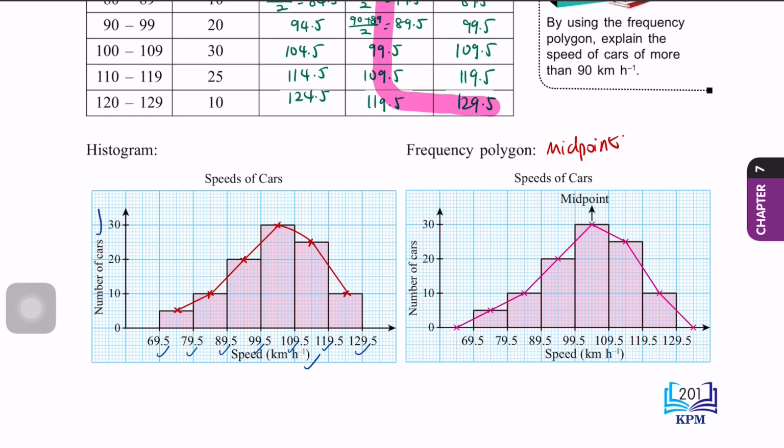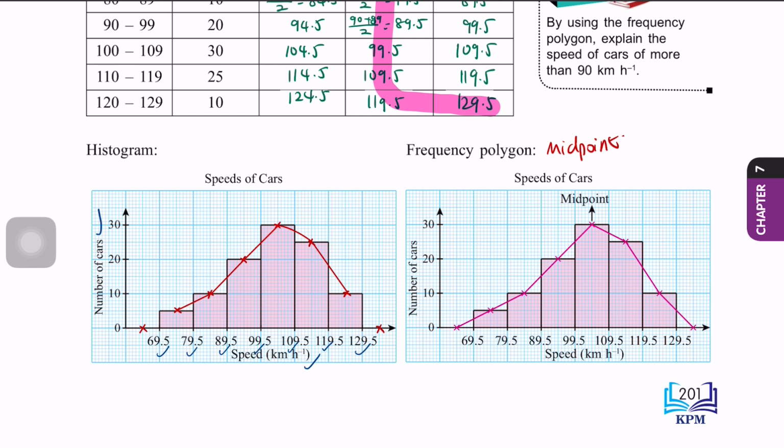Cuma syarat frekuensi polygon, garis awak mesti menyentuh ke lantai paksi X. Dia tak boleh tergantung macam ni. Macam ni tergantung kan? Masuk angin. Tak boleh. Dia macam orang kata menutup aurat. Mesti labuh sampai ke lantai dia punya kain tu. So kita tambah lagi midpoint di kelas paling depan dan kelas paling belakang.